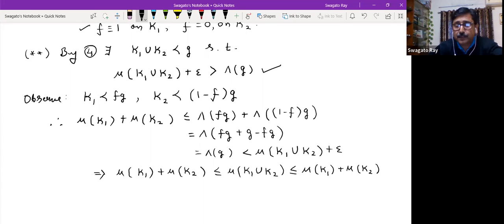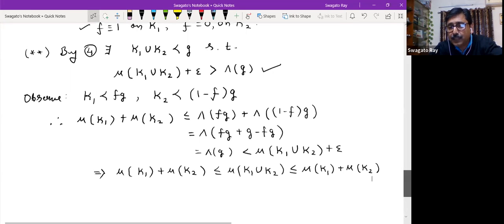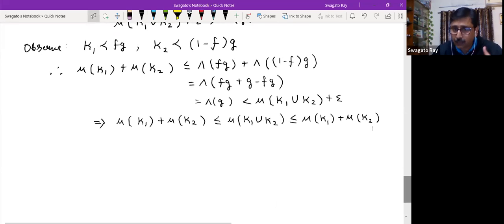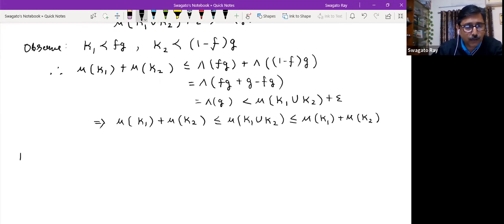And then, since unions of sets of finite measures are compact sets again, I say that 7, so this is a note, 7 is true for finite disjoint union of compact sets, right?